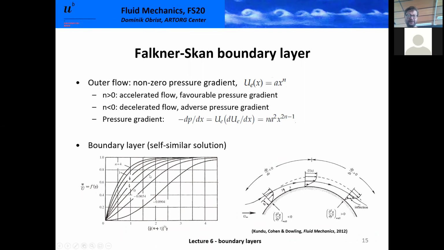So this curve here, this is exactly our Blasius boundary layer, absolutely identical. Blasius, and for accelerated flows, we get these curves up here. So what usually people are calling this is, they say the belly of the velocity profile increases.